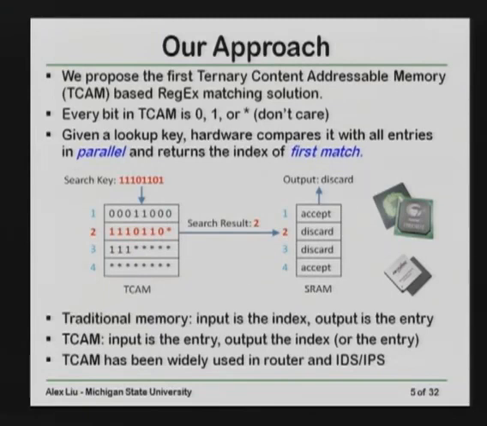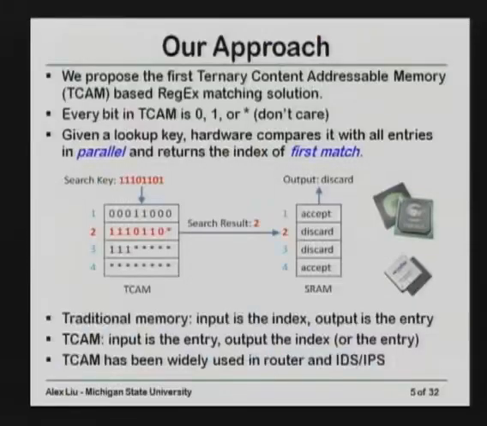Every TCAM chip has TCAM circuits, and also associated SRAM circuits. The TCAM is used to store the rules, and the SRAM is used to store the decisions. And there's a one-to-one mapping between the TCAM entries and SRAM entries.